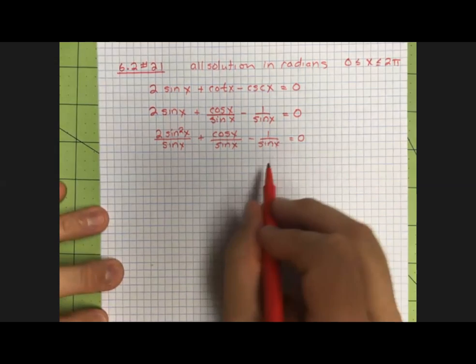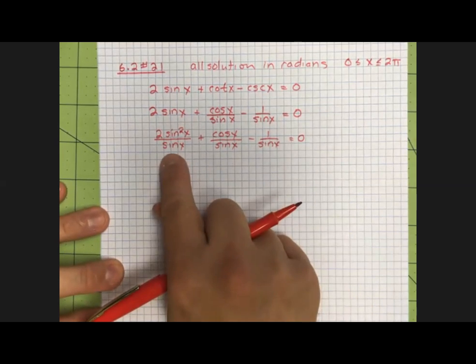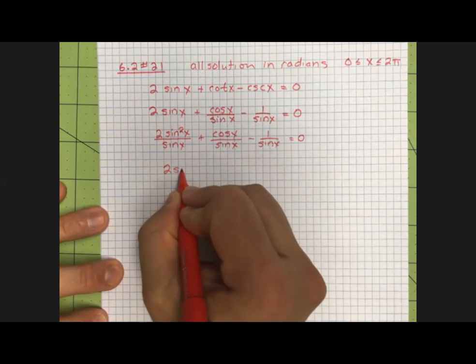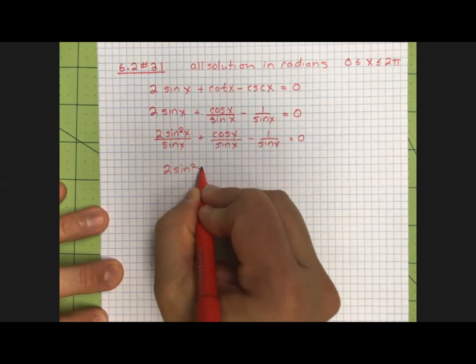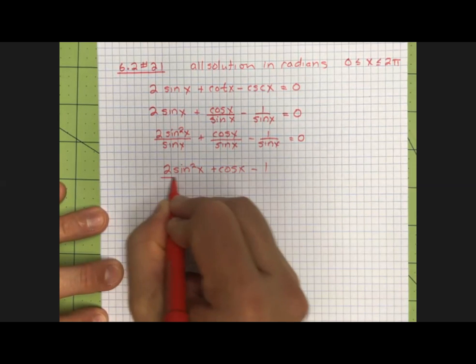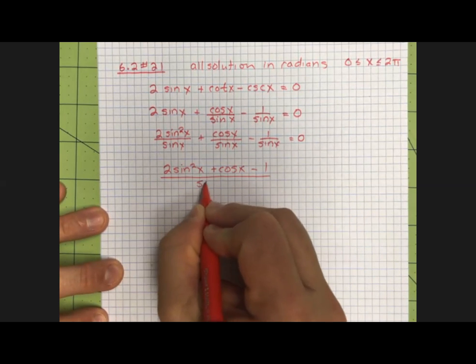And now I spot an identity. So let's make one fraction, 2 sine squared x plus cosine x minus 1 divided by sine x.